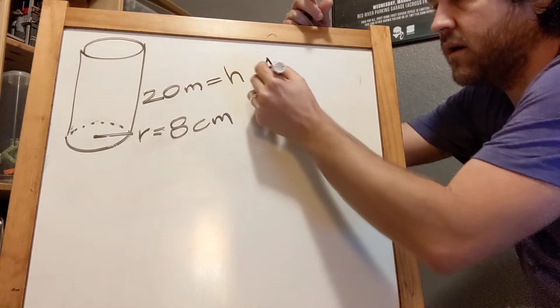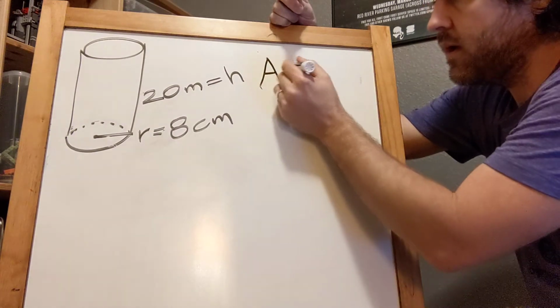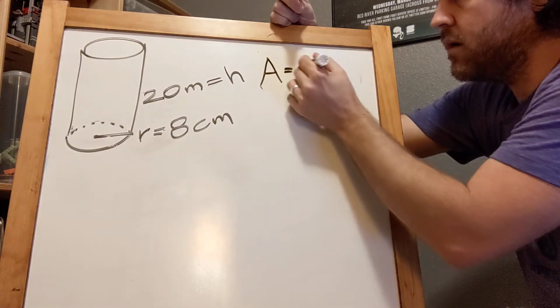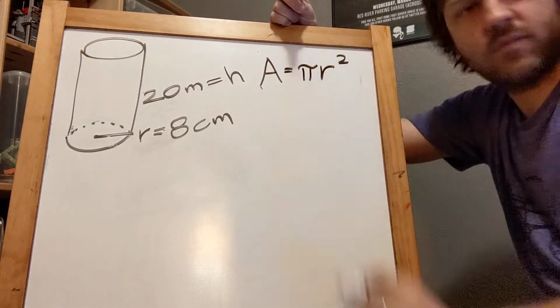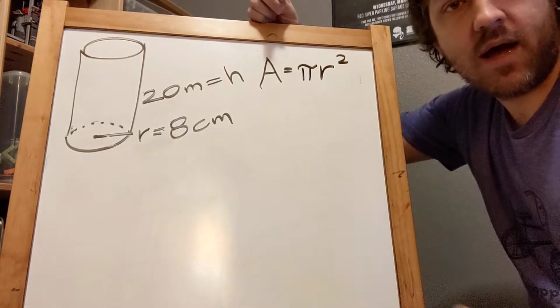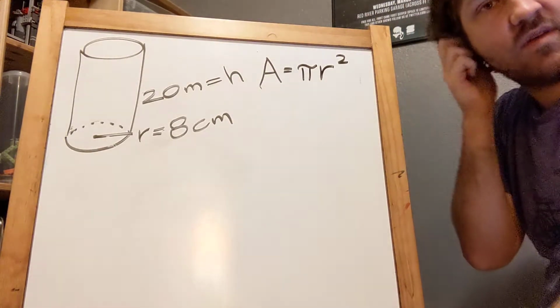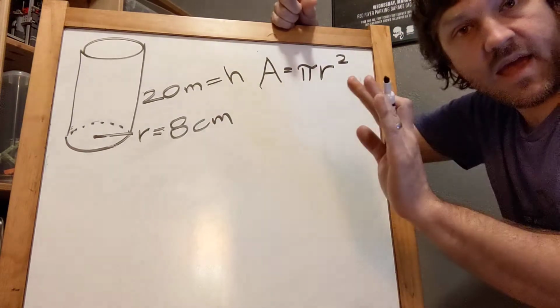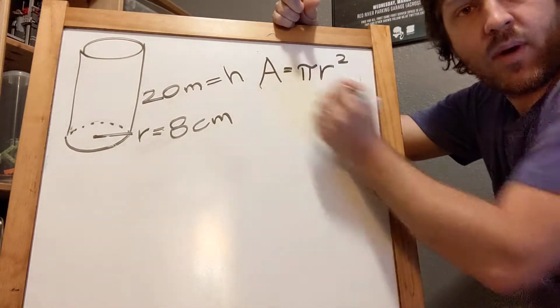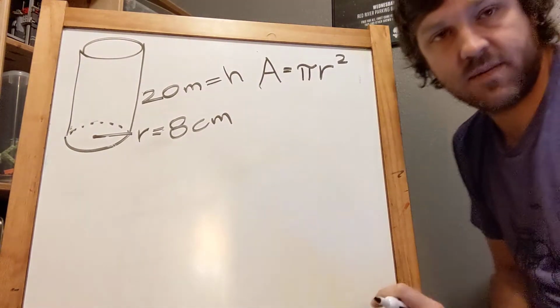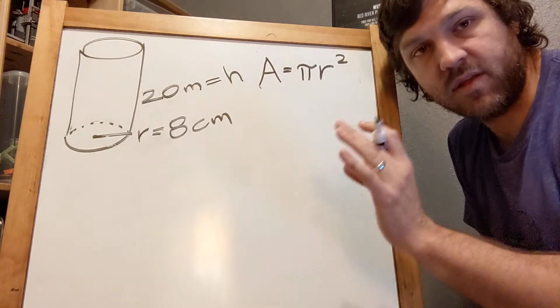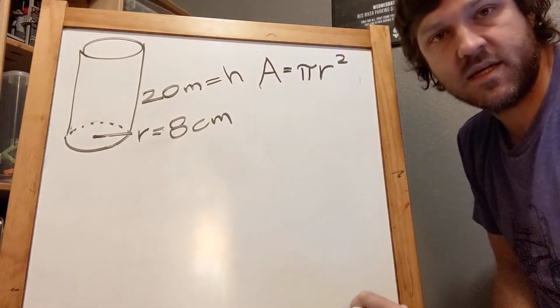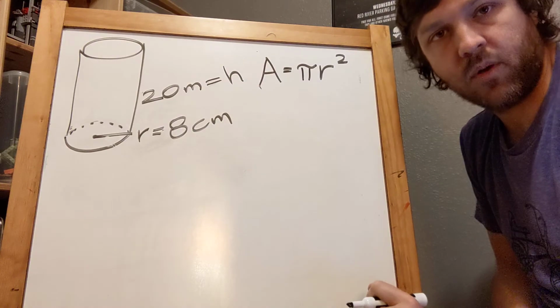So the area of our circle, we remember, is pi r squared. We just did this in the previous units. Again, we are not going to do anything with pi. We're going to leave pi alone. It's going to be stuck on the end, and we're just going to calculate the number part.